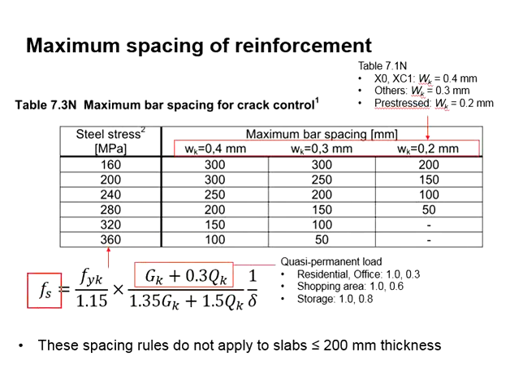Based on the steel stress calculated, refer to the table with the crack width of 0.3 mm, and determine the maximum spacing for the reinforcement. This is the first method, and this method does not apply to the slab less than 200 mm thickness.